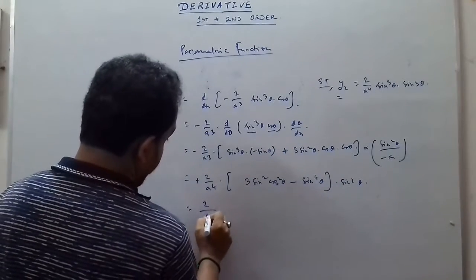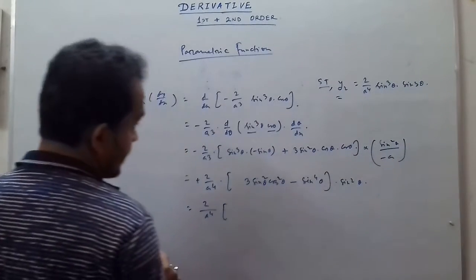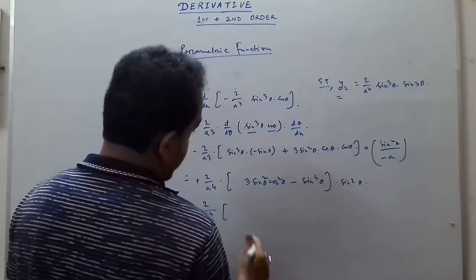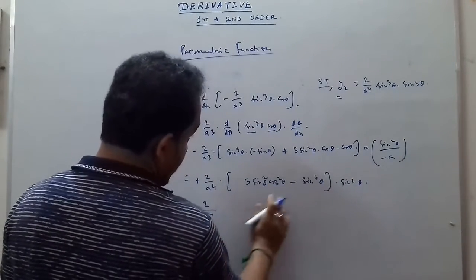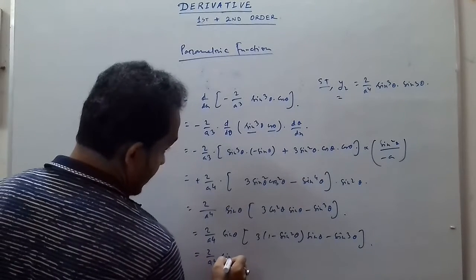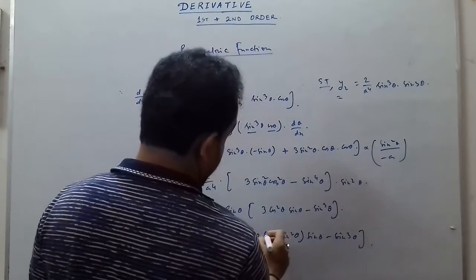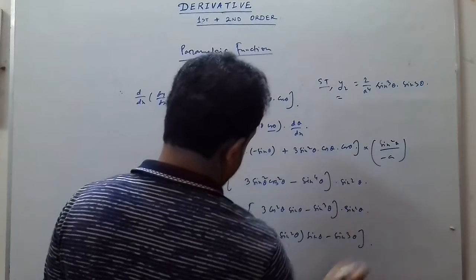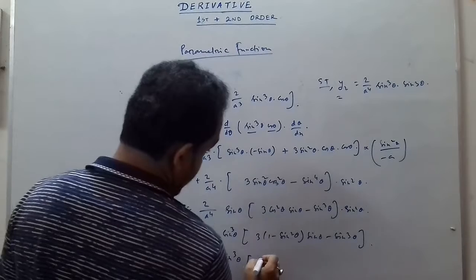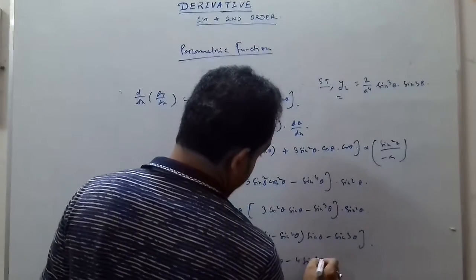Now 2 over a power 4, and 3 sin square theta into cos square theta minus sin power 4 theta into sin square theta. Now taking sin theta common, we have 2 over a power 4 sin square theta, and here it is sin cube theta, so 3 sin theta minus 4 sin cube theta.